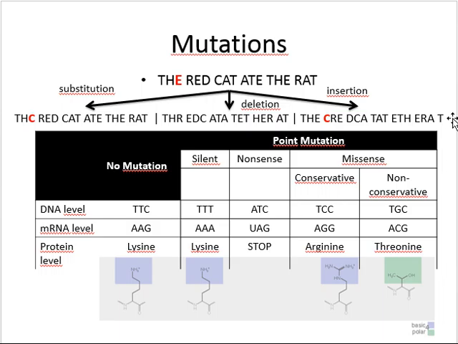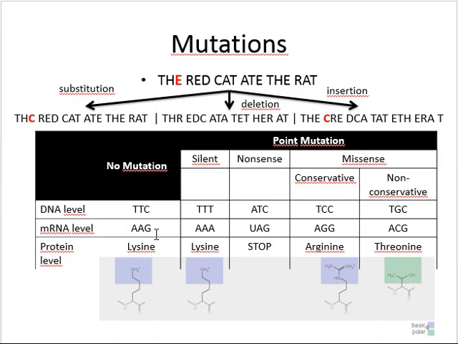The substitutions, let's see an example. At DNA level, if you have a TTC codon, that in mRNA after transcription you have an AAG, it is translated at the protein level into the amino acid lysine.